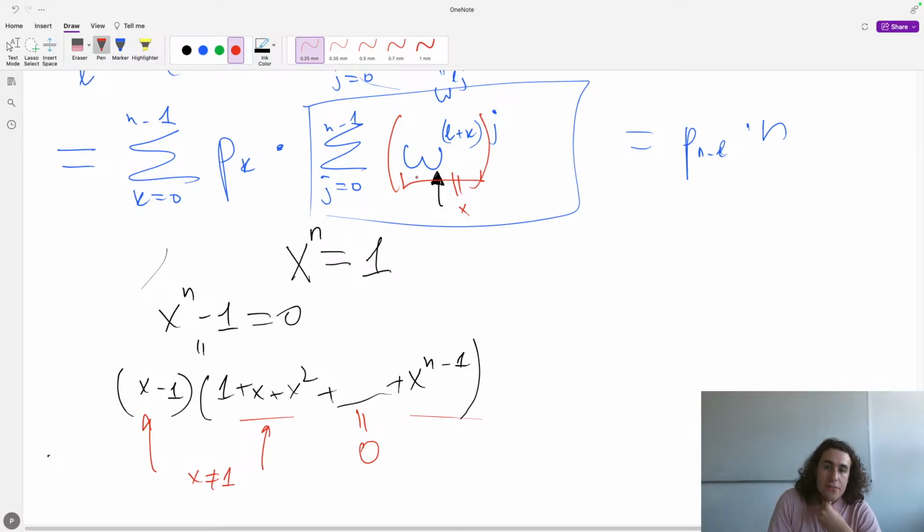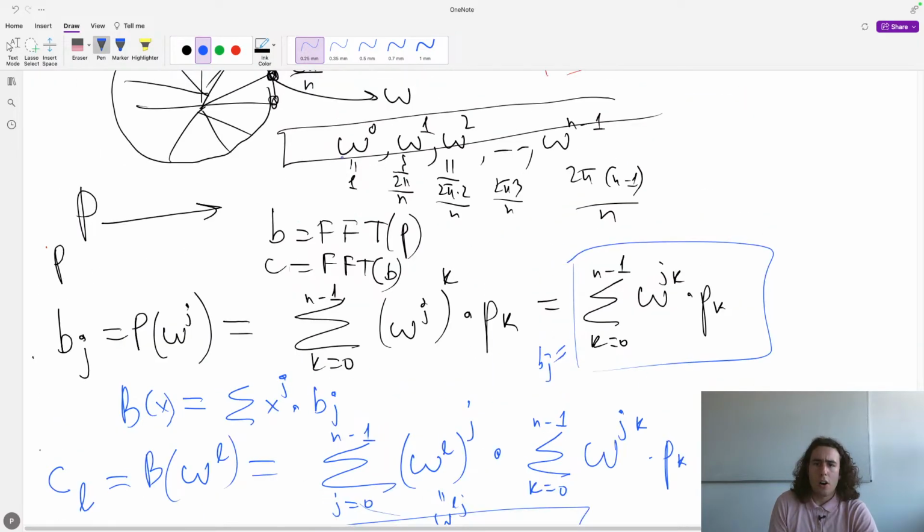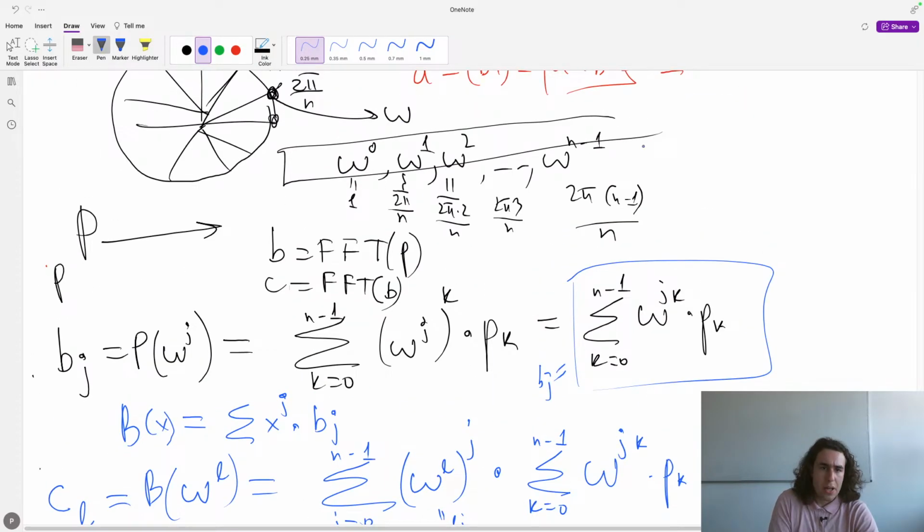So we know that if this value is not 1, then the whole sum is just 0 and we can just forget about it. So we only care about the case where omega to the power of l plus k is 1. What does it mean? We know that omega to the power of 0 is 1, omega to the power of n is 1, so we take the power mod n.